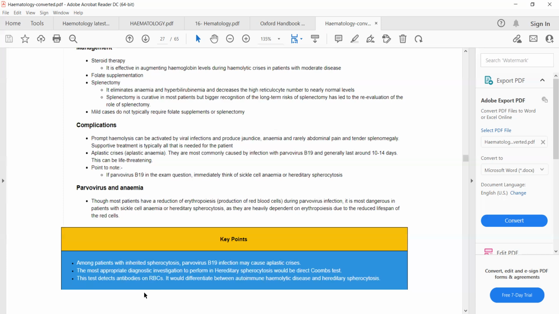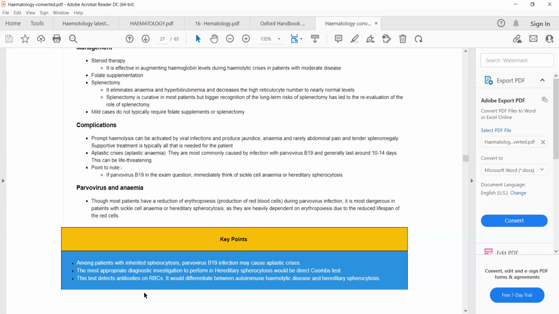A similar condition is autoimmune hemolytic anemia, which has spherocytes on a peripheral blood film and a positive osmotic fragility test, but a positive Coombs test as well, while the Coombs test is negative in hereditary spherocytosis.